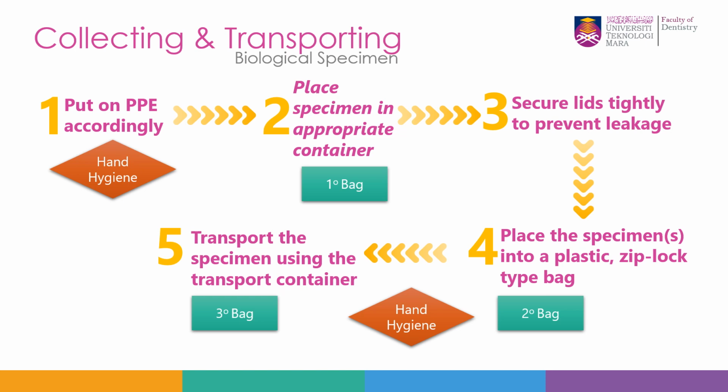Secure the lids tightly to prevent leakage, and then place the specimen into a plastic Ziploc type bag, the secondary bag, and then perform hand hygiene, and then put it in the third layer, which is the transport container, to be sent off to the lab. So we have three different types of package: the first bag, the second bag, and the third one is the container. You need to observe the PPE and also the hand hygiene in the flow. Just make sure that you follow these guidelines.